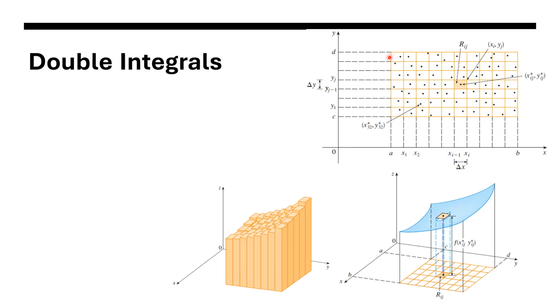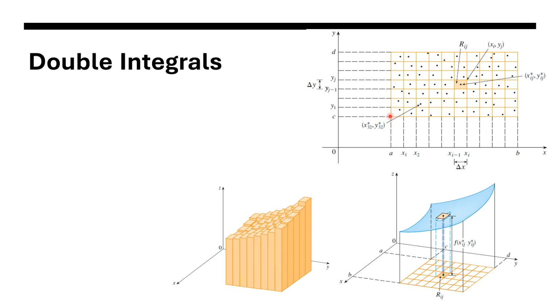And here, the y side is also being subdivided into several subintervals. Again, we obtain the width of these subintervals by dividing the total width by the number of subintervals.